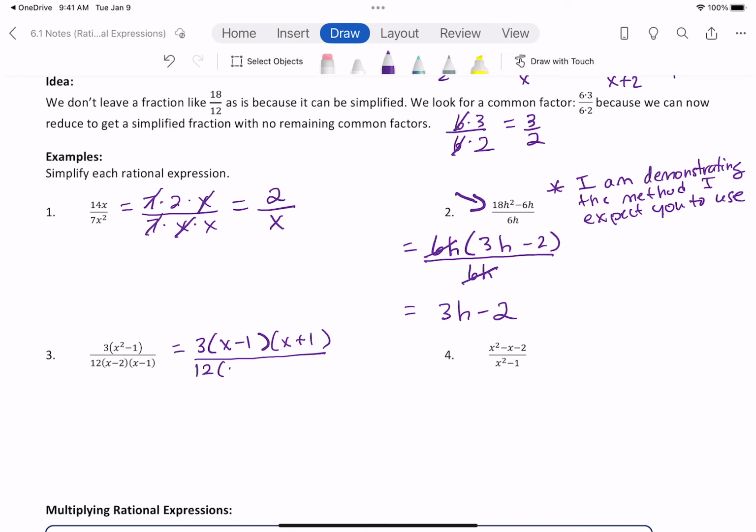The denominator is already factored out for us, and we can start looking for common factors. So I see that I have an x minus 1 that is common to the top and the bottom. And then I have 3 over 12 and x plus 1 over x minus 2. So I'm going to write it like this.